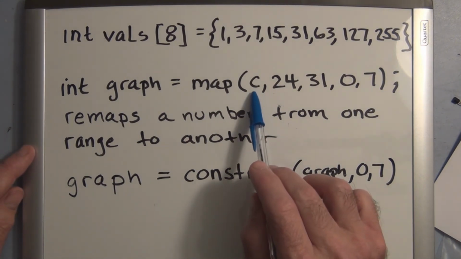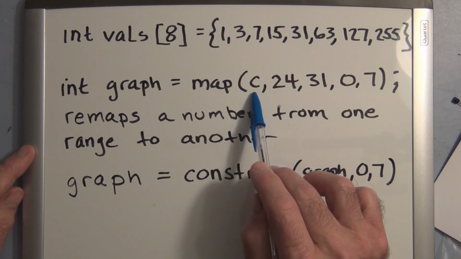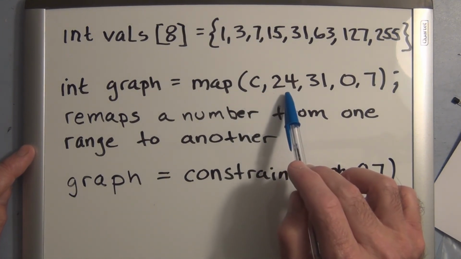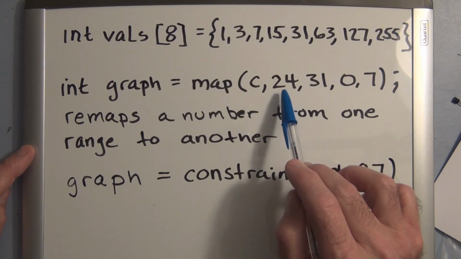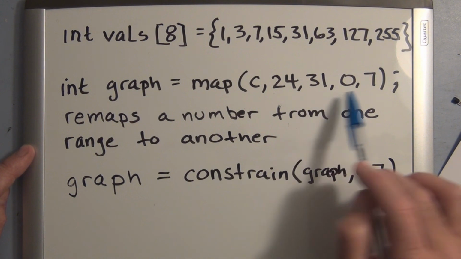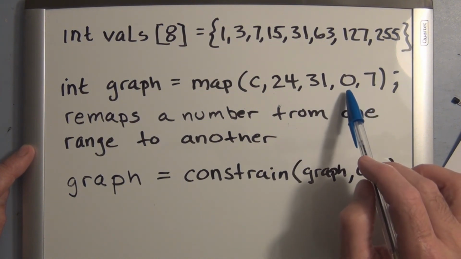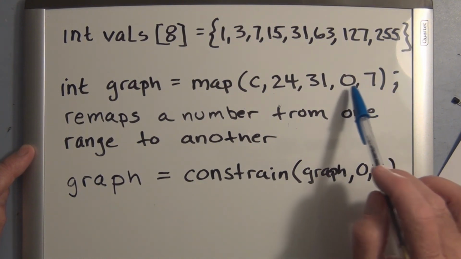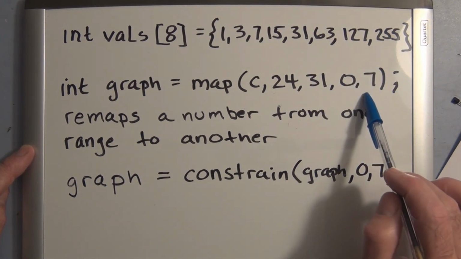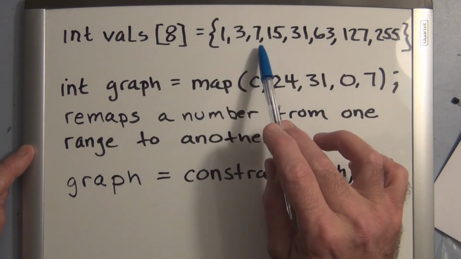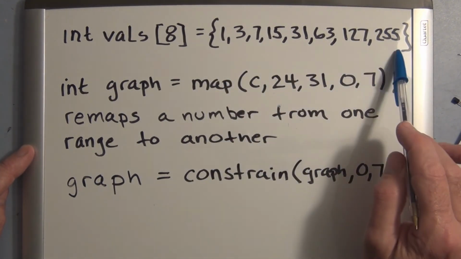We take the temperature we're actually measuring from the digital temperature sensor. We're constraining that. We're only interested in temperature range of 24 to 31. And we remap that to a value of 0 to 7. And this 0 to 7 is going to point to the element 0 to 7 in this array.